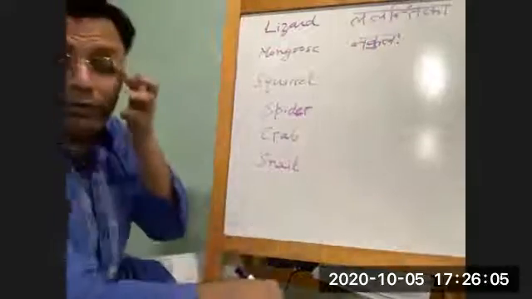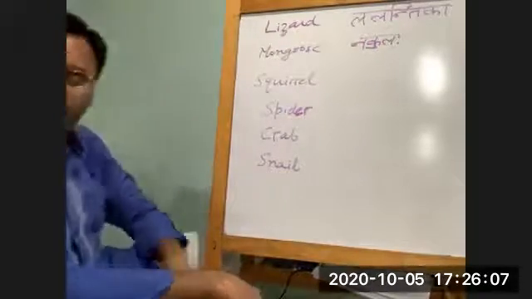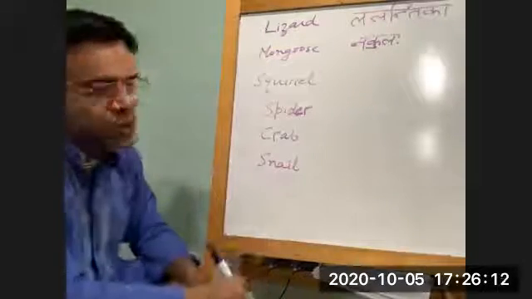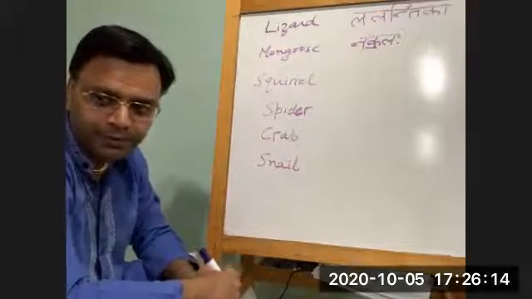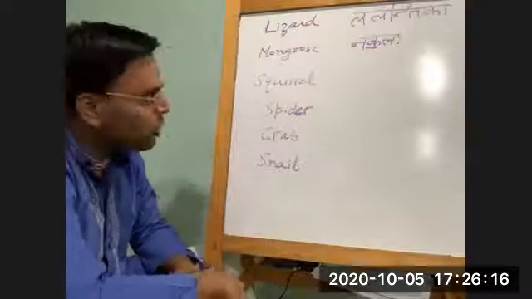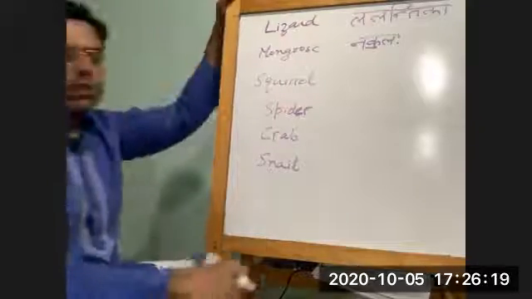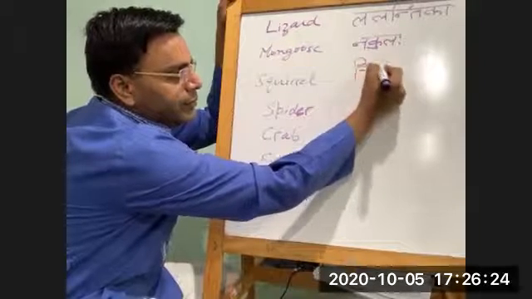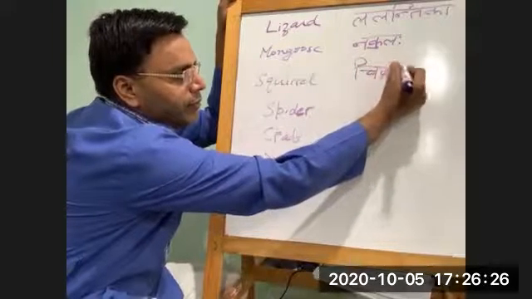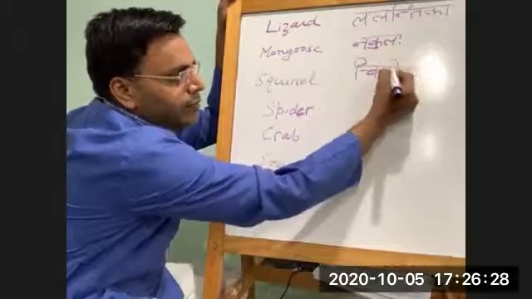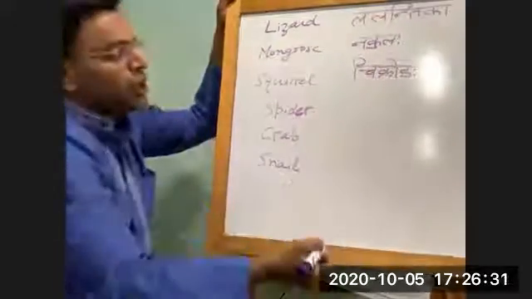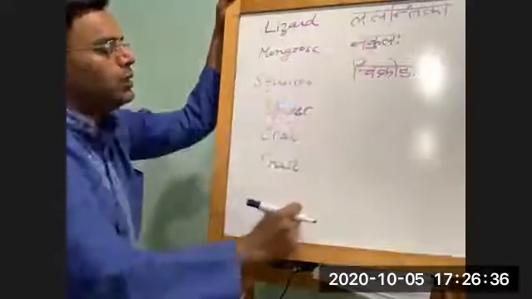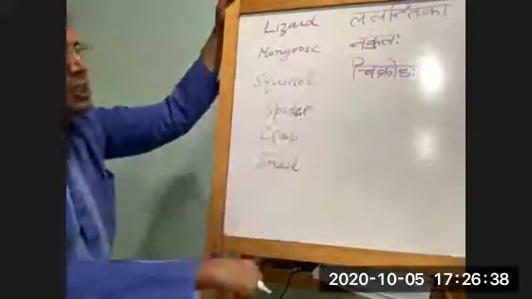Easy to remember if you know the names of the 5 Pandavas. One of them was Nakul. So mongoose in Sanskrit is actually called nakulaha. And squirrel is called chikroda. Okay, so chikroda, lizard, lalantika, mongoose, nakulaha, squirrel, chikroda, spider.